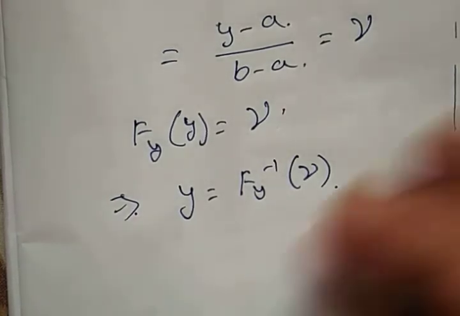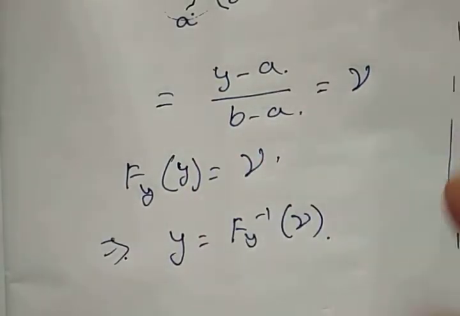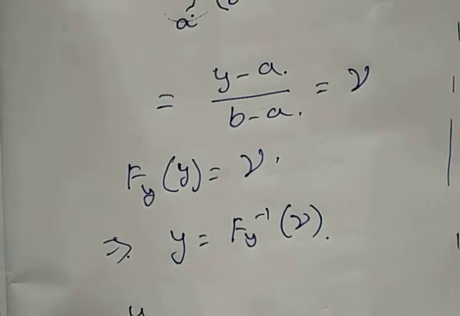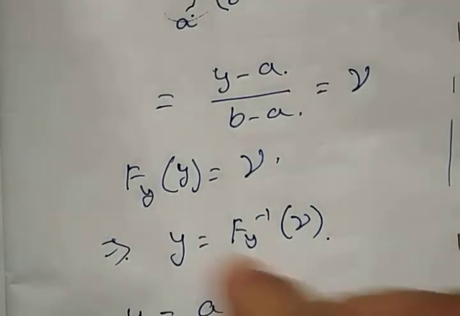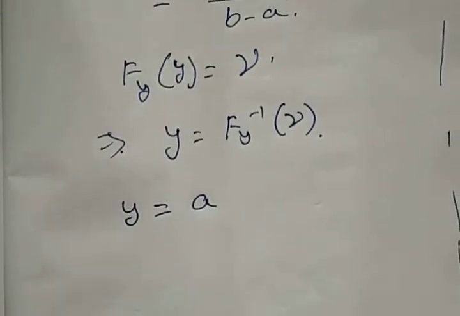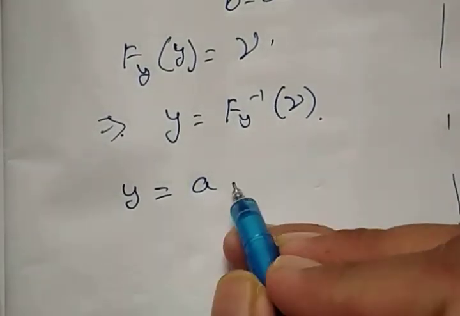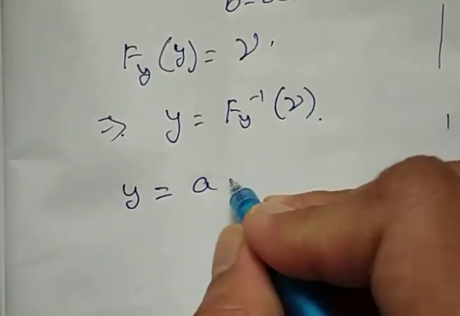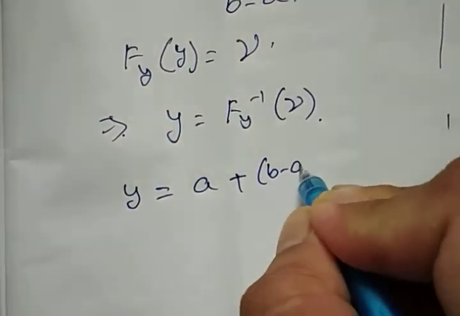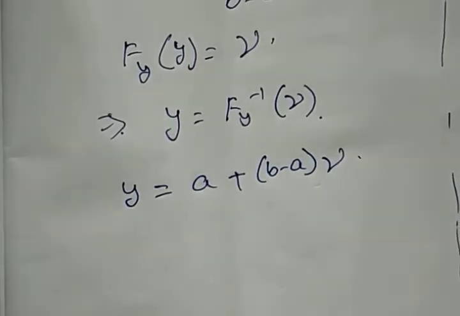So (y minus a) by (b minus a) equals nu, so y equals, minus a goes to the other side, y equals a plus (b minus a) times nu. Correct?